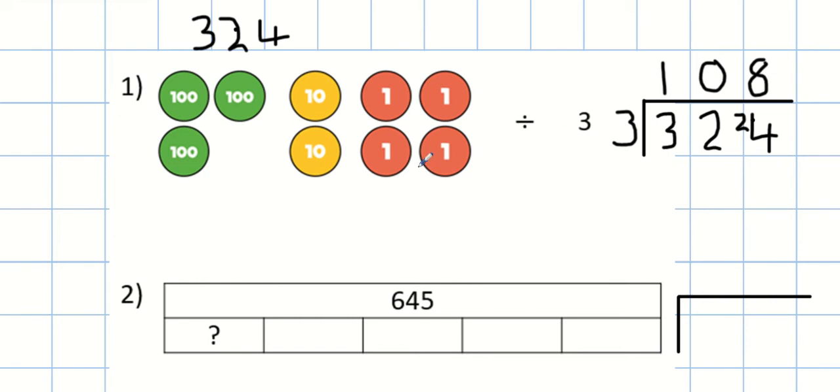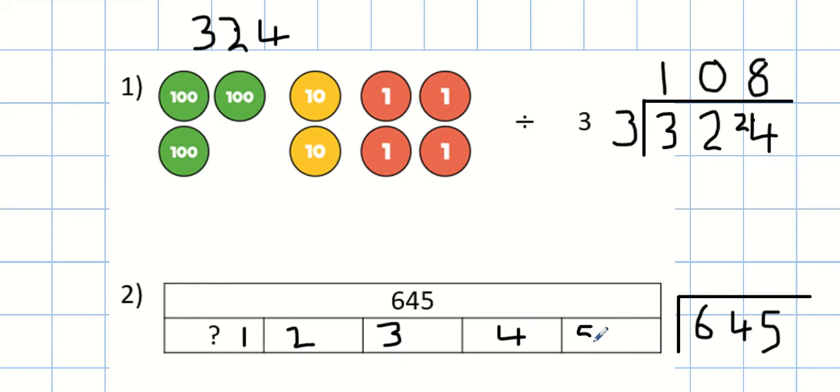For the next question, I've already got my whole, haven't I? My whole here is 645. And then how many groups am I going to be splitting my whole into? Well, I'm splitting my whole into 1, 2, 3, 4, 5.